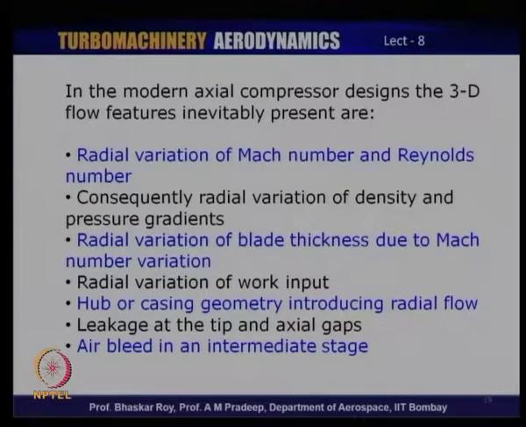So, you have radial variation of density and pressure gradient. Even your simple radial equilibrium condition that we had set forth, the balance of forces, does give you a notion that the radial variation of density and pressure gradient would follow the variation of Mach number.